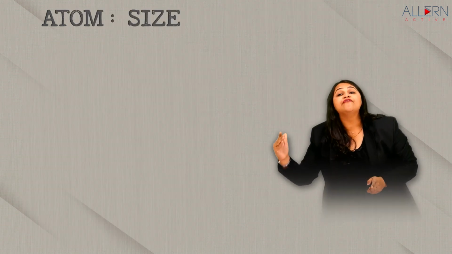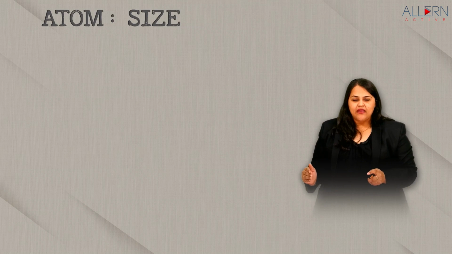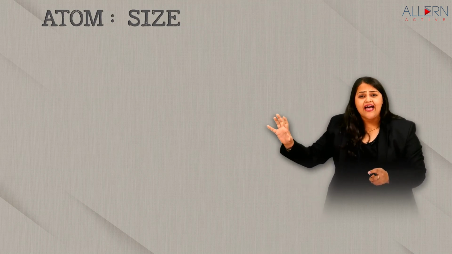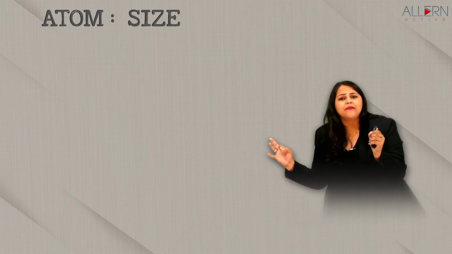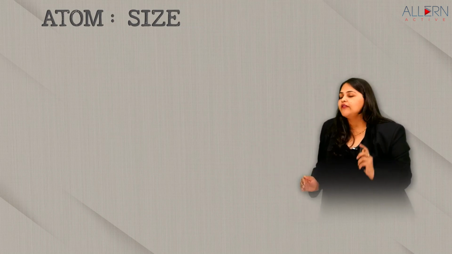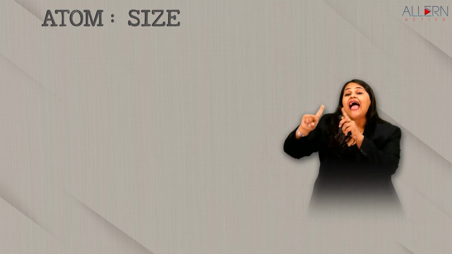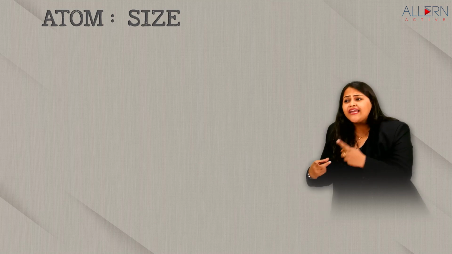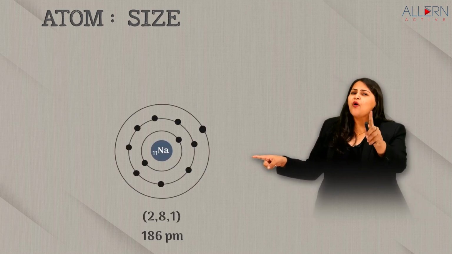Let's move to the first property of the atom, the size of the atom. When you talk about size, of course, it has to be a proper measurement, right? So let's see what measurement we can take. But before that, my dear child, tell me what structure the atom has. Is it rectangular, triangular, or circular?